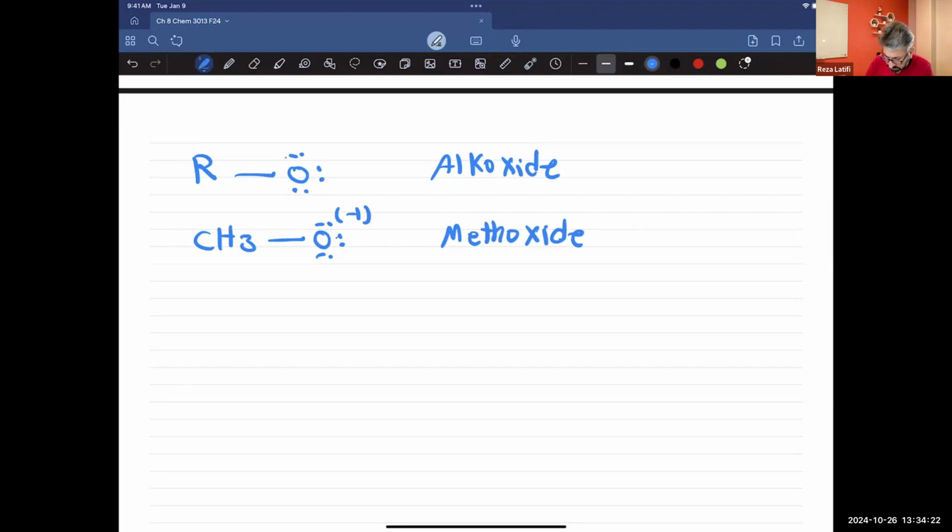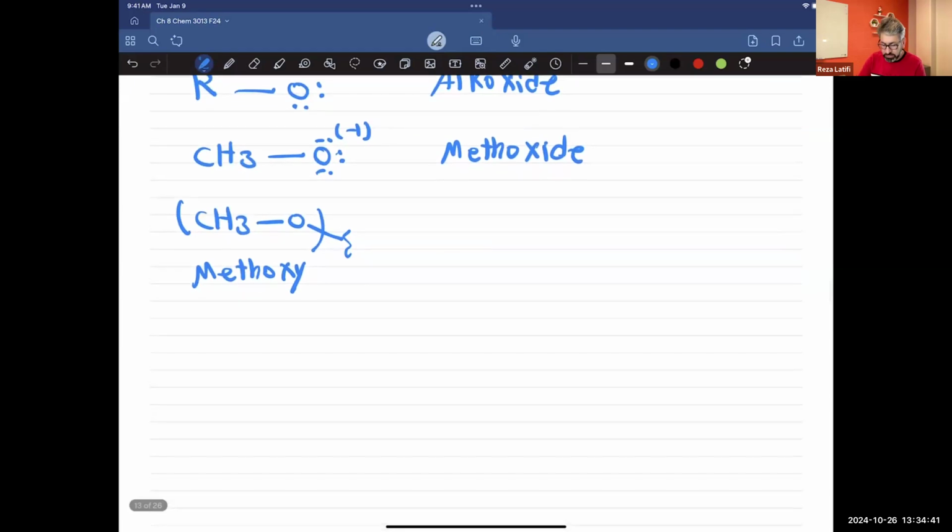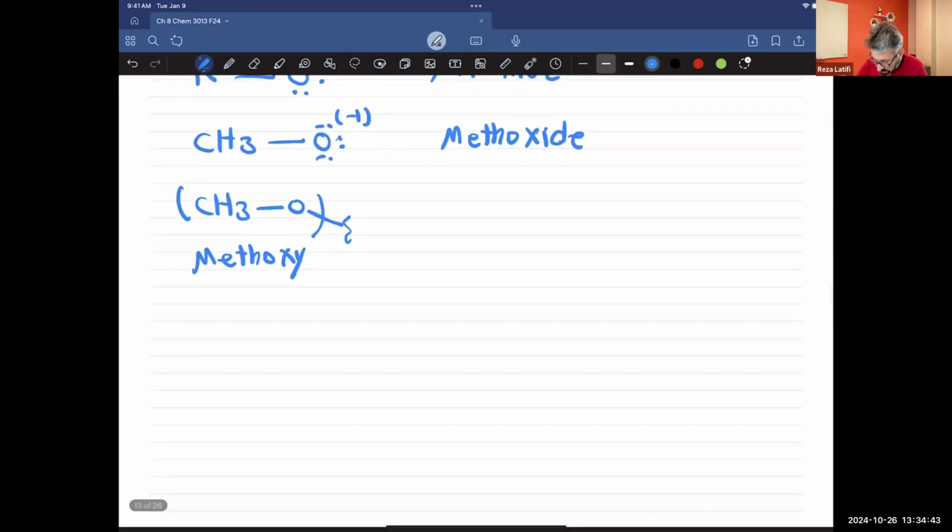But the group by itself, if this one is attached somewhere, we call it methoxy. So methoxy when it's a substituent, methoxide when it has a negative charge by itself. Technically you can call this one an alkoxy group, behaving as a substituent.